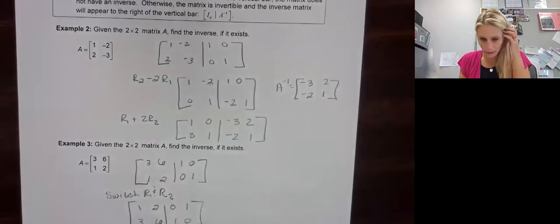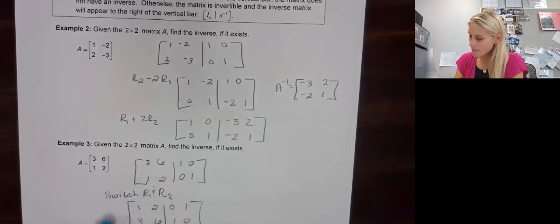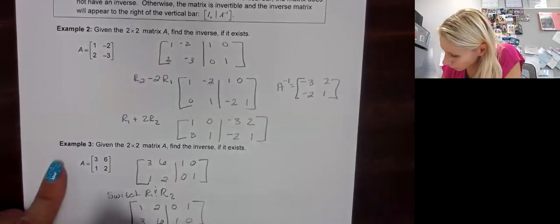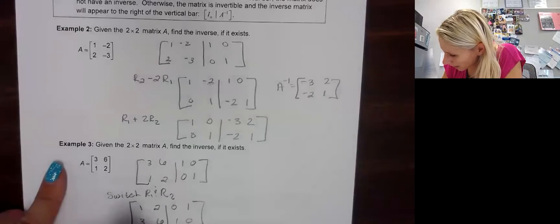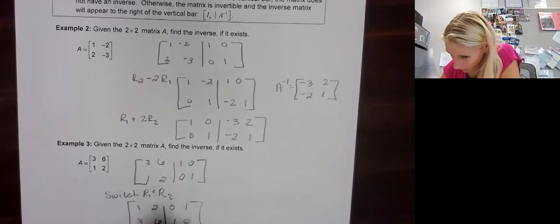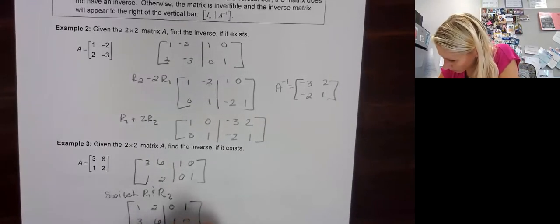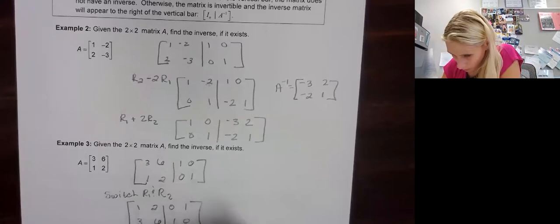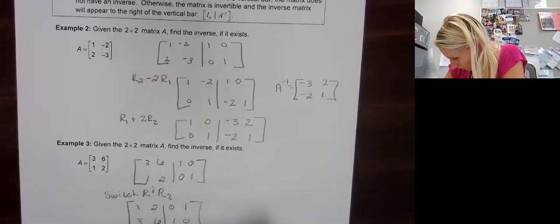Sorry guys, my pencil. Now I want to say row 2 minus 3 times row 1. And what we end up with is 1, 2, 0, 1, and 0, 0, 1, negative 3.